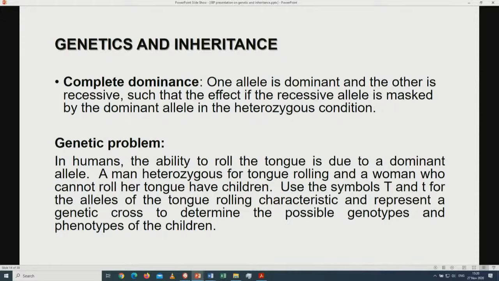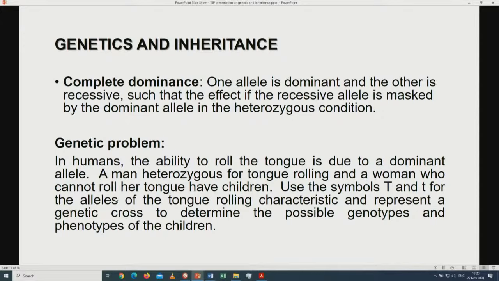Now, in humans, the ability to roll the tongue is due to a dominant allele. A man heterozygous for tongue rolling and a woman who cannot roll her tongue have children. Use the symbols T and small t for alleles of the tongue rolling characteristic and represent a genetic cross to determine the possible genotype and phenotype of the children.